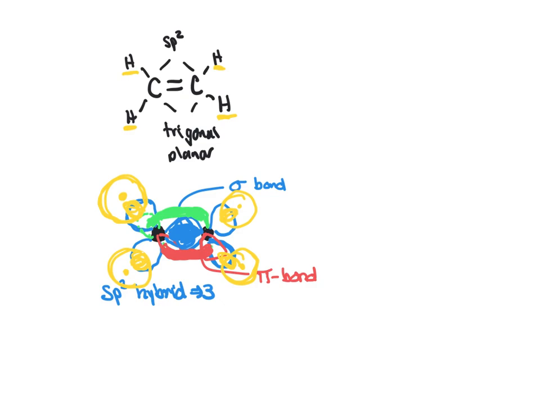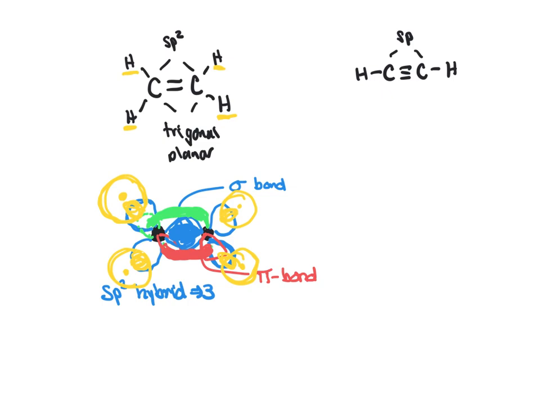So now if we look at the triple bond, let's look at the compound that has 2 carbons and 2 hydrogens with a triple bond between the carbons. We know that these carbons are sp hybridized, so they're using sp hybrid orbitals.